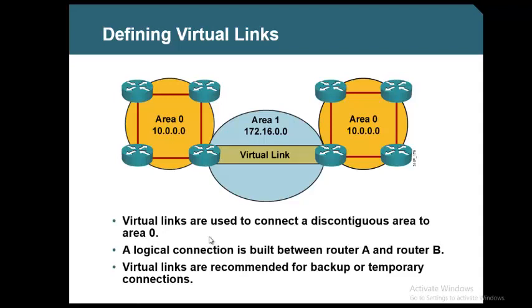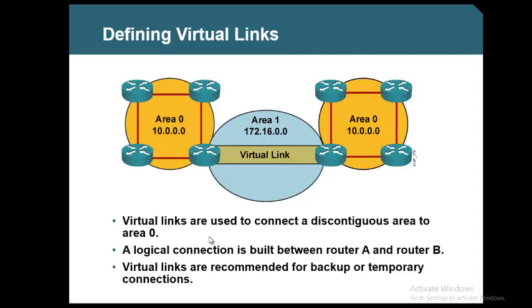So what Rahman says is all areas must be connected to the backbone area, but for some reason, one area is connecting to another non-backbone area. What might be the reason? Because there is no lengthy cable to connect to area 0, something like that.